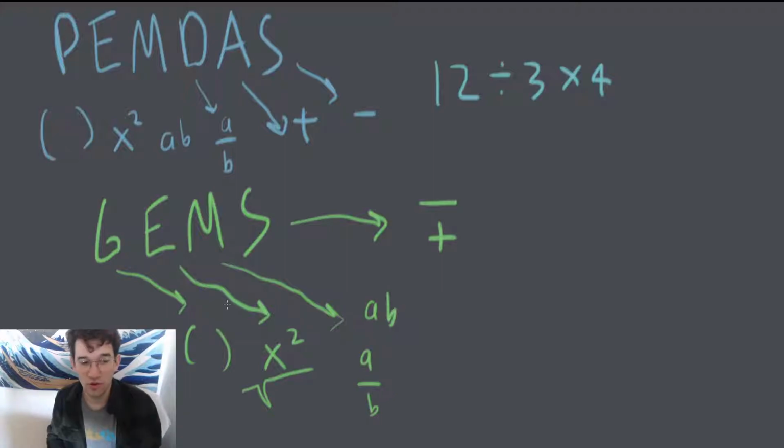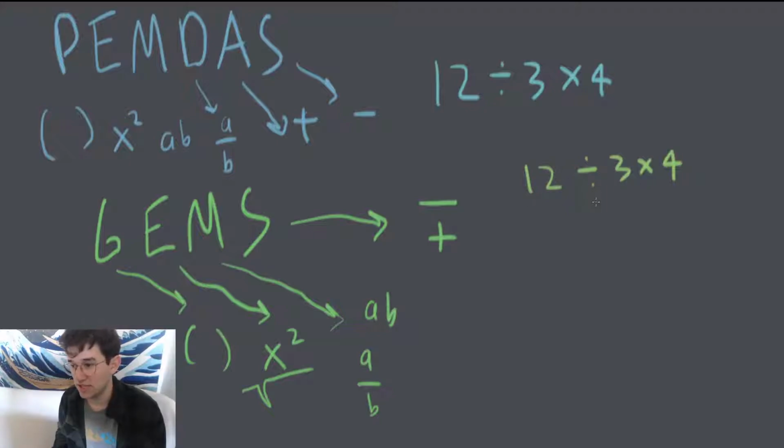And what's cool about GEMS is you evaluate each section going left to right. So if we did GEMS with this problem, 12 divided by 3 times 4, we'd go groups, no. Exponents and square roots, no. Multiplication, division, let's look.